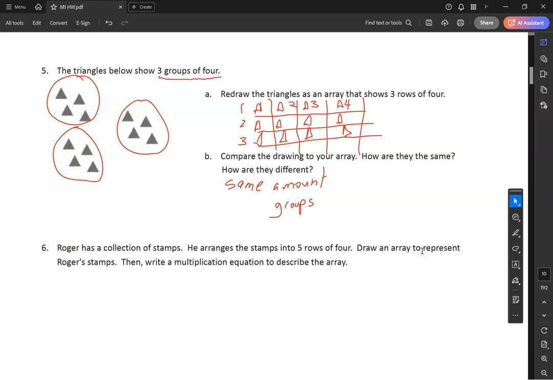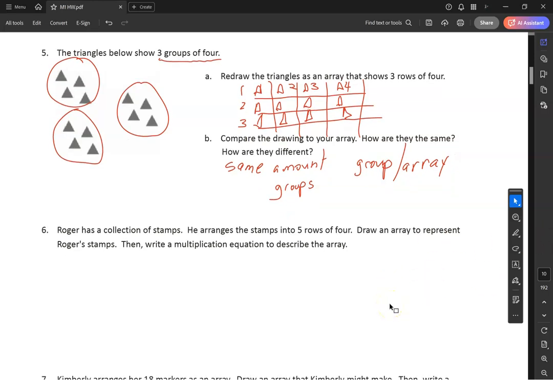Different. How are they different? They're different because they are in different forms. One is a group, the other is an array.